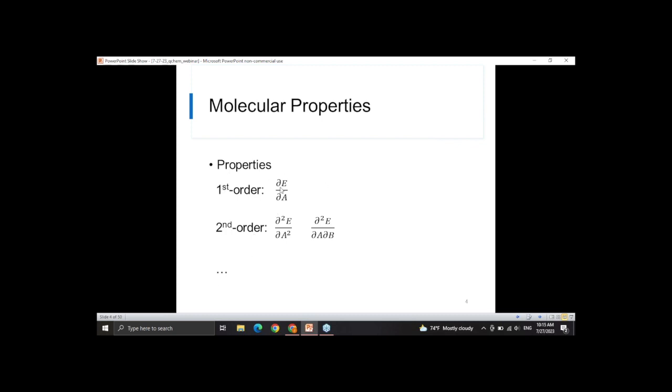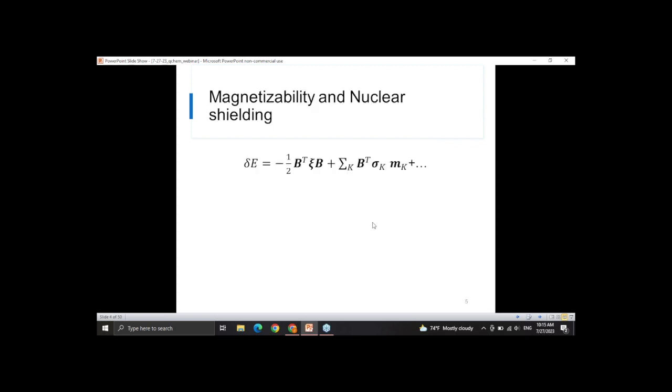They're simply first order derivatives of the energy, second order derivatives of the energy. Now you can have mixed derivatives of different external perturbations. So today we're talking about properties associated with an external magnetic field B.